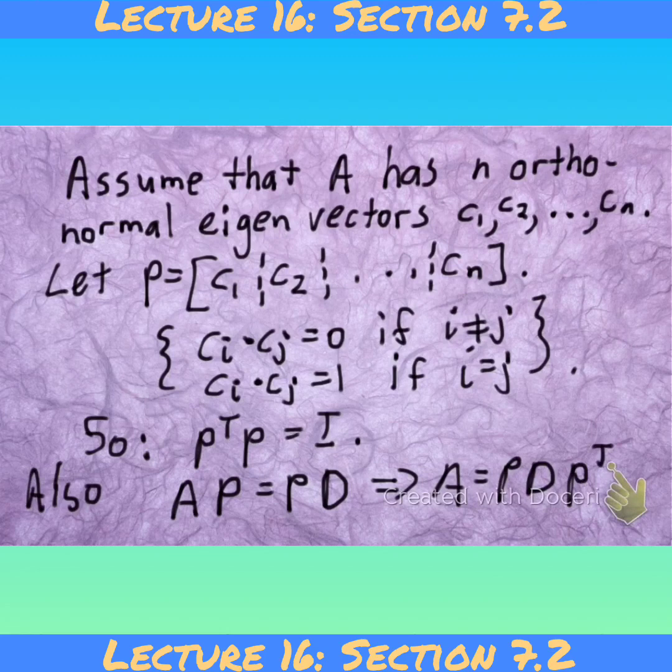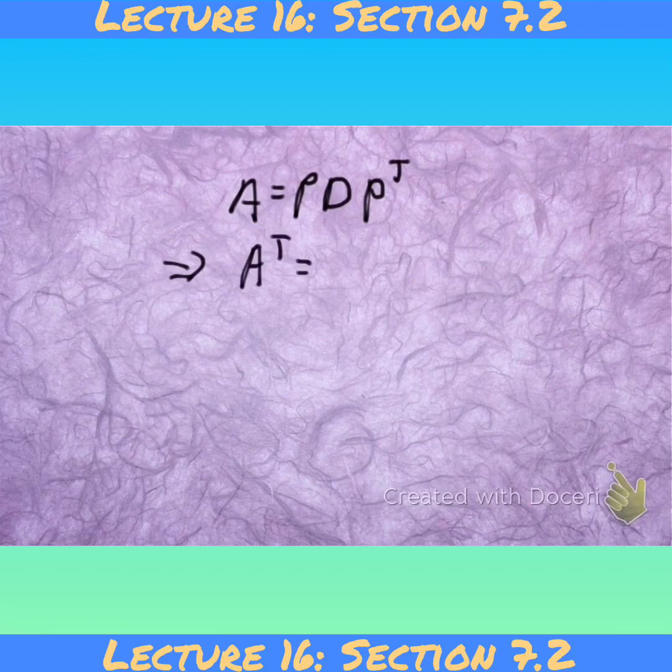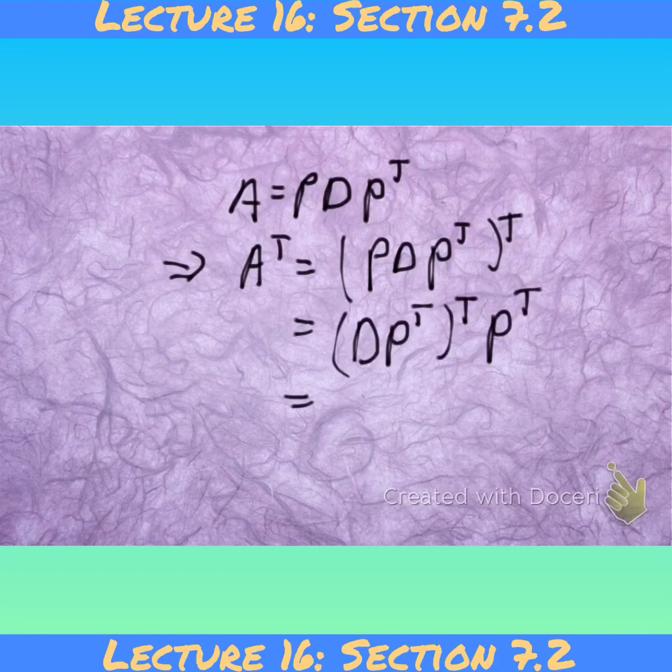Okay, so why is it that my matrix is symmetric, right? That's easy to see, because from there we've got that A transpose is going to be P D P transpose, everything transposed, and that is going to be P D transpose P transpose, and we know D is a symmetric matrix as well.